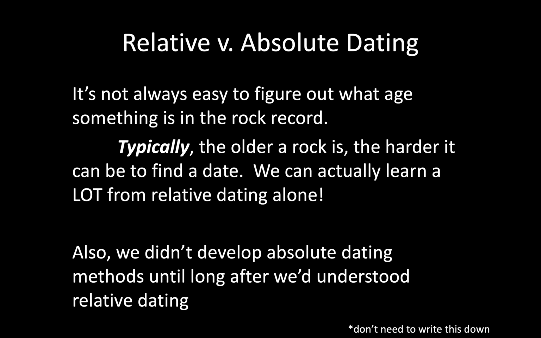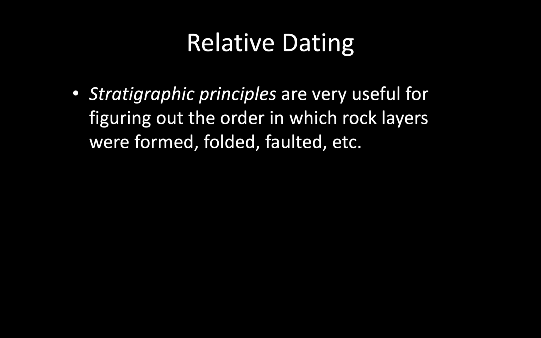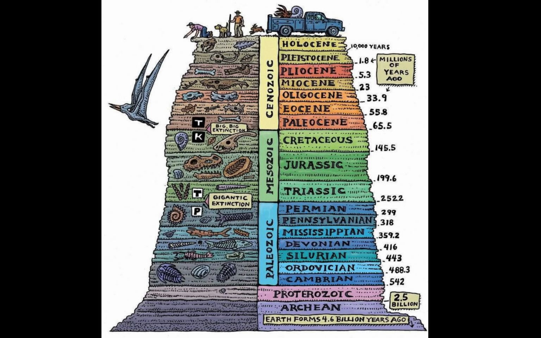So we actually can learn a lot about relative dating, and we can learn a lot about the geologic timescale from relative dating alone. We also didn't develop any methods for absolute dating until long after we had figured out relative dating. So today we're going to learn a lot about stratigraphic principles and how we can use them to determine how rocks were formed.